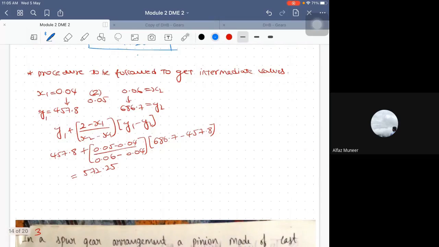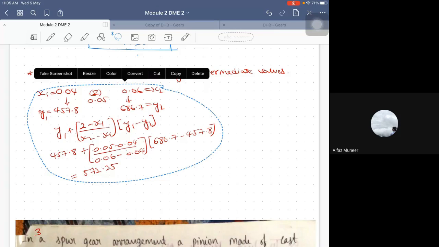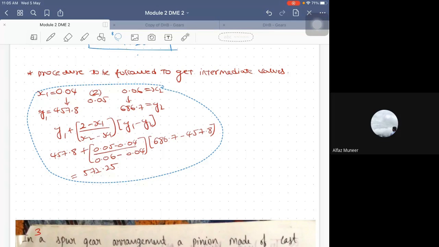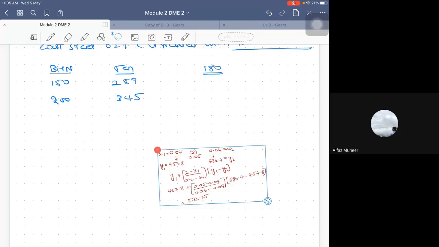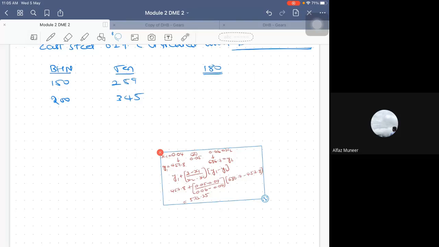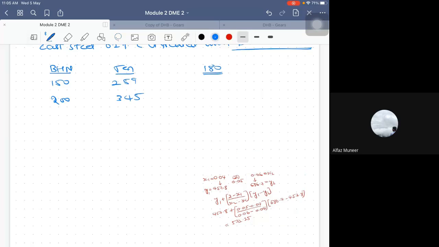Yes, here it is. Learn this. This is very important. What I have done is I have renamed this as Z, this as X1, this as X2, this as Y1, and this as Y2.